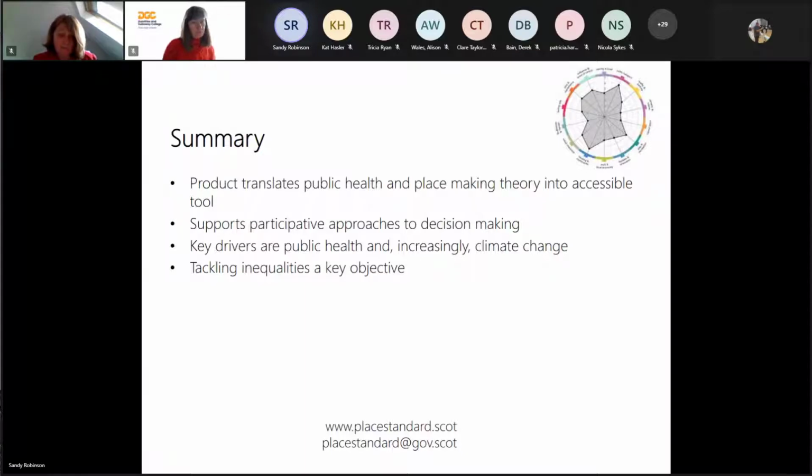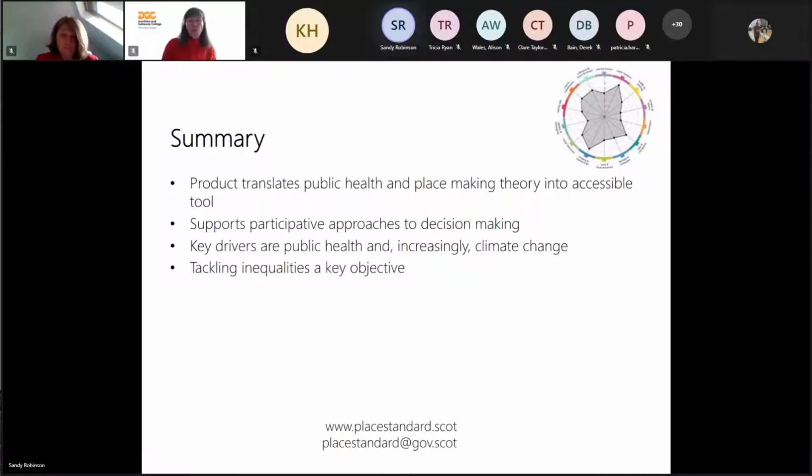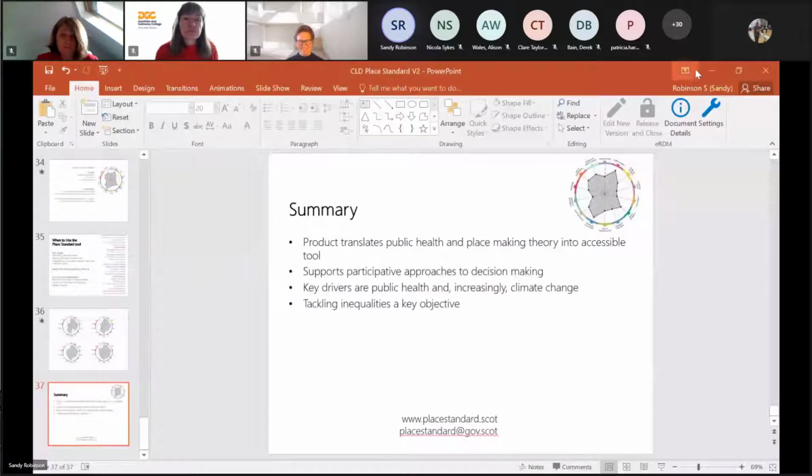Its biggest drivers so far in our use of the tool have been around public health, and more in climate change, and how communities and marginalised communities particularly might be involved in climate change discussions. And the huge driver for us is about inequality, whether that is systemic inequalities within communities or whether that is about social inequalities or health inequalities too. So that's enough for me for the moment, I think, and so I will pass back to Kat.